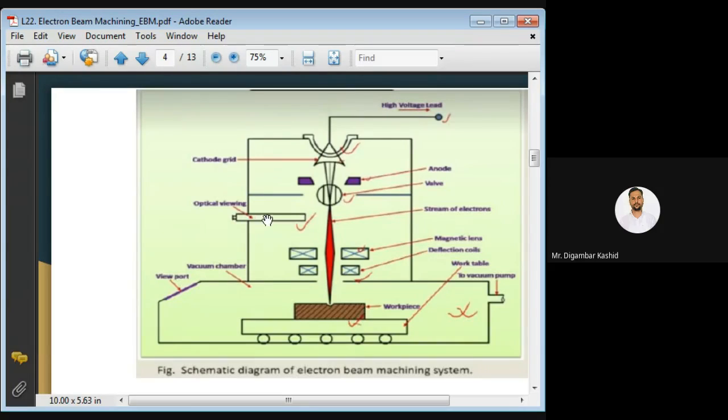The border you see here, the whole lower part, is the machine chamber, and all of this will be vacuum. Don't forget this. So you can see what is happening inside that vacuum chamber, and for that purpose this optical viewing system is used.